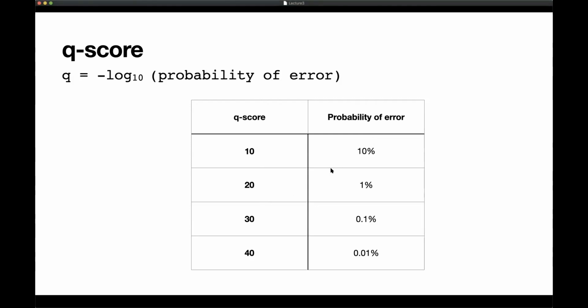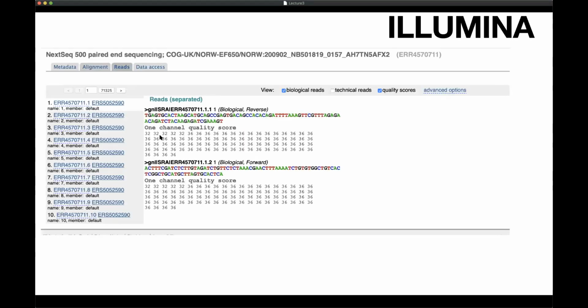You go from 10 to 20, the probability of an error is 1%. 20 to 30, it's now 0.1%. And 30 to 40, it's now 0.01%, and so on. Typically, Q-scores don't go past 50 because at this point, very few instruments or applications either need this type of fidelity, or can generate it.